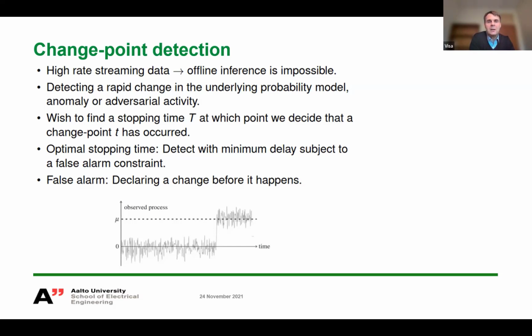So we are designing these stopping rules, denoted by capital T. Your stopping rule will be optimal if you manage to detect the change with minimal delay while maintaining certain false alarm constraints, so you impose a limit on the type 1 errors. A false alarm in this context would mean that you declare a change before the change actually happens, so in such cases this capital T would be smaller than this small t.